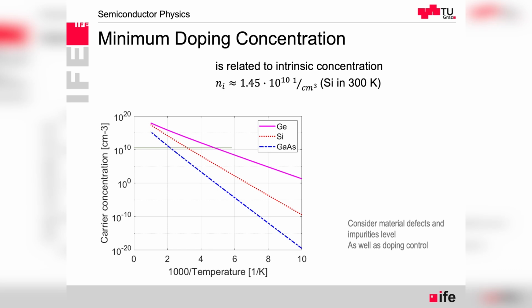So let's go back to the plot that we already know. And for silicon at room temperature, we have the charge carrier concentration that is approximately at the level of the green line. So if we would like to control the conductivity for silicon at room temperature, we need to add charge carrier concentration that is much higher than that. So that's already one reason why we need to define this minimum doping concentration, so the intrinsic charge carrier concentration.